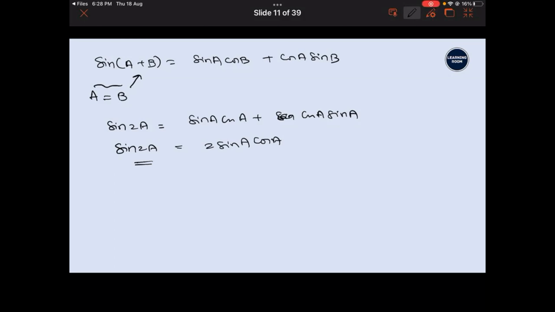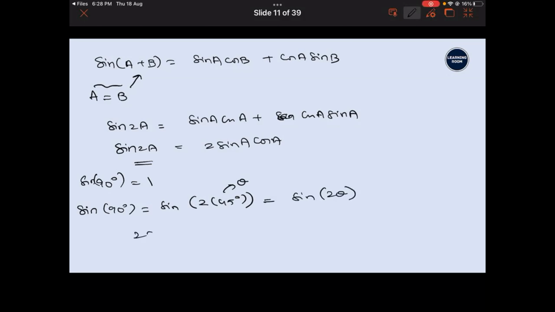For example, you know what is sin 90? Sin 90 is 1. So, sin of 90, can I write it as sin of 2 into 45? If I call this 45 as theta, is this not looking like sin 2 theta?